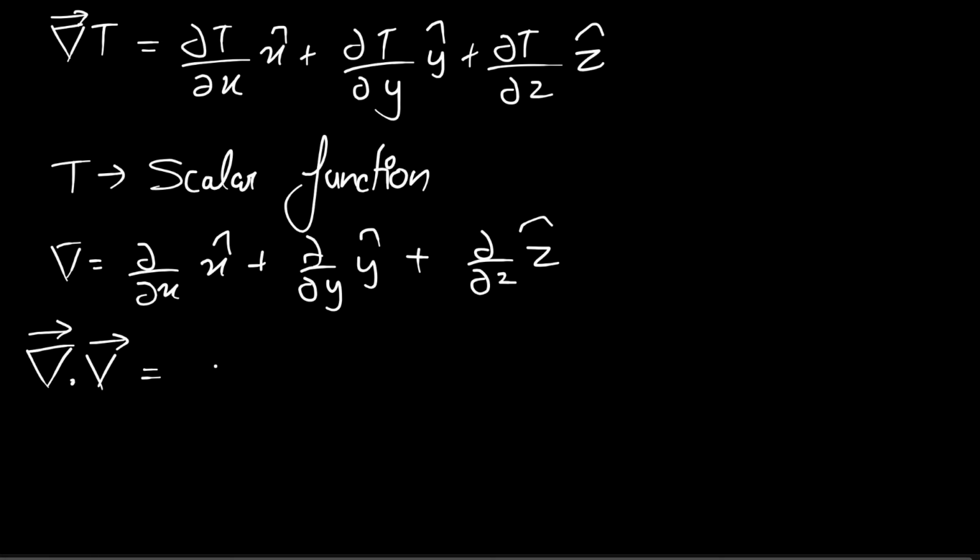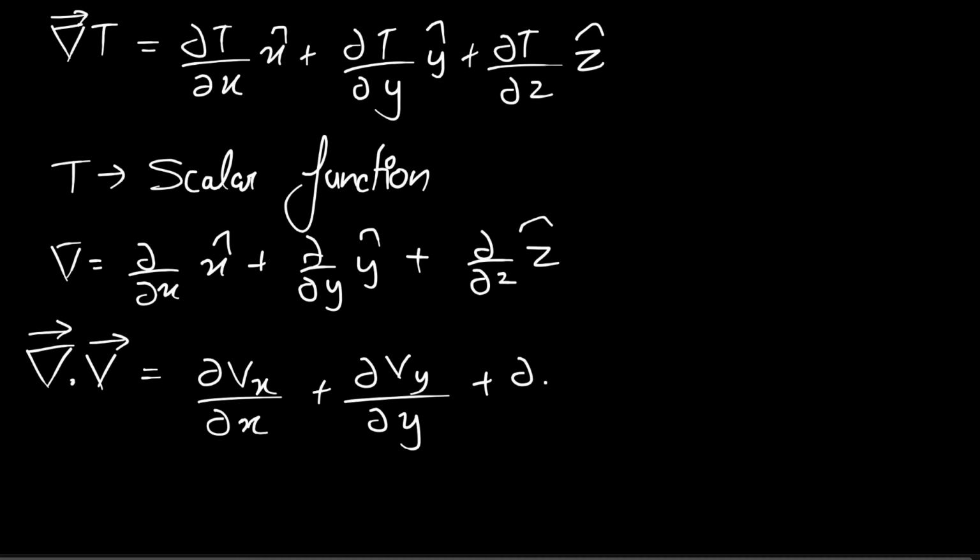Remember, divergence is a scalar quantity, so it simply comes out to be their respective components differentiated with respect to their respective variables.